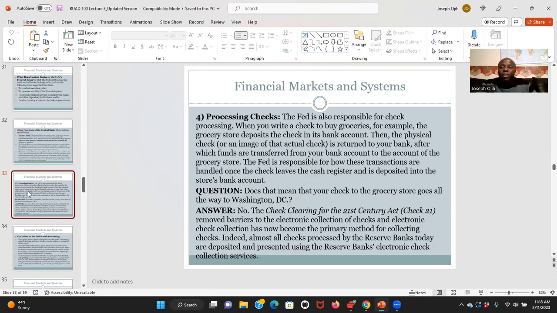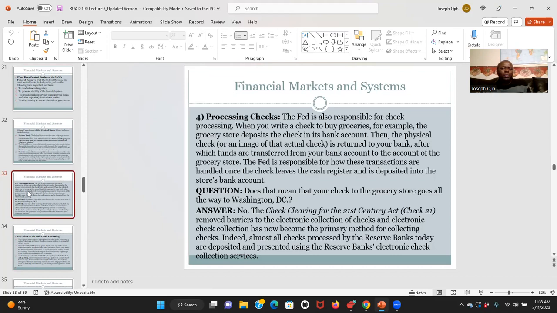So the Federal Reserve is responsible for how these transactions are handled. Once the check leaves the cash register and is deposited in the store's bank account, they make sure that the store receives that money.